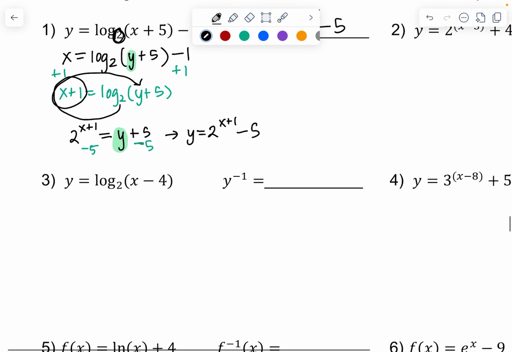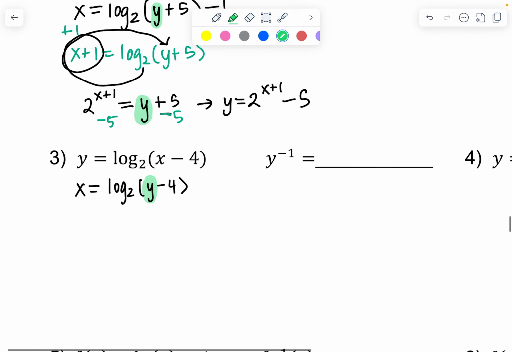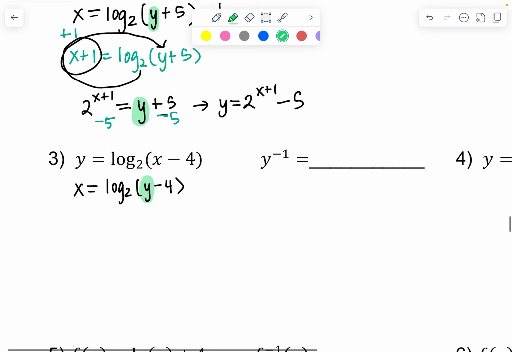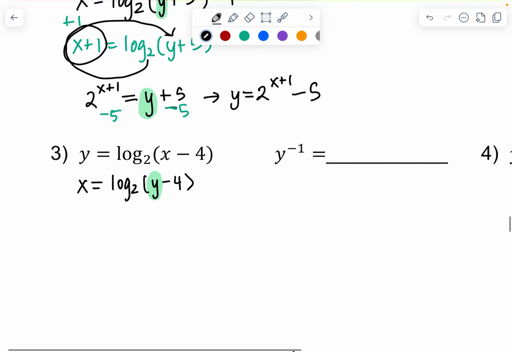Okay, looking at number 3, switch your x and y. And then we are re-solving for the y. And so here, the log is already isolated. There is nothing in front of the log. There is nothing being added outside the log. So here, we are ready to convert.